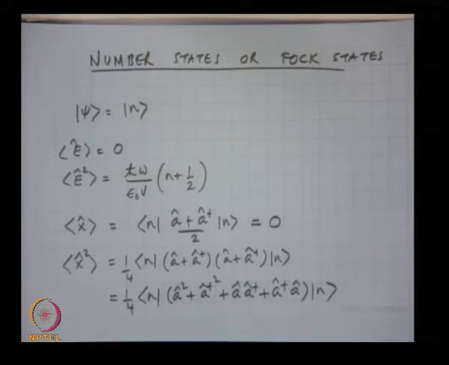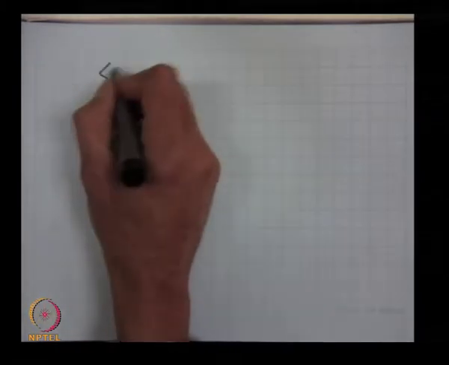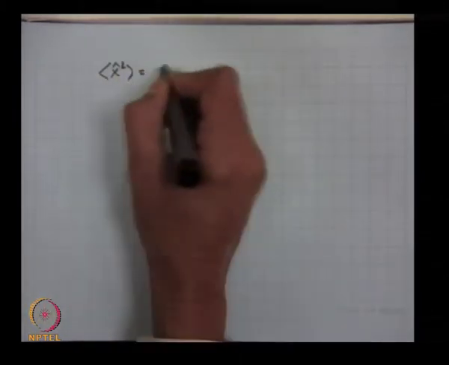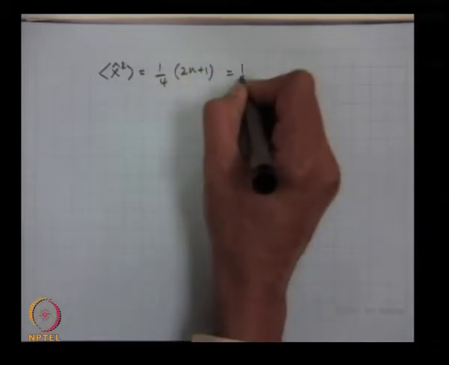Now can you find out and tell me the value of the x square expectation value? A square will give you 0, a dagger square will give you 0, and a a dagger can be written as a dagger a plus 1. So I will have 2 a dagger a plus 1, and a dagger a acting on n gives you n. So the expectation value of x square will be 1 by 4 of (2n plus 1), which is equal to half of (n plus half).